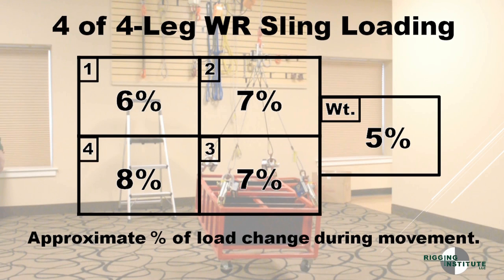Sling 4 showed the highest increase in loading at 8%. The hoist supporting the load increased by 5%.